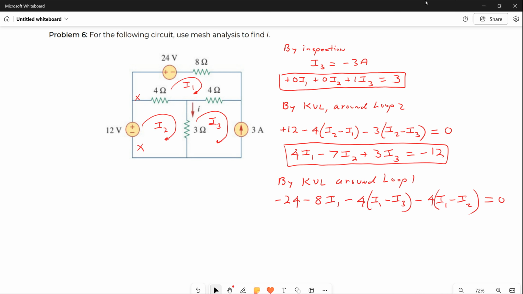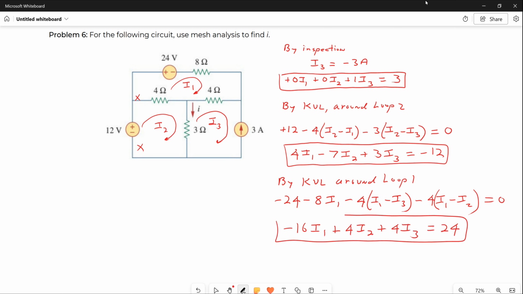I clean that up, and I get a negative 16 I1 plus 4 I2 plus 4 I3 equals 24, or the negative of it, for my third equation.